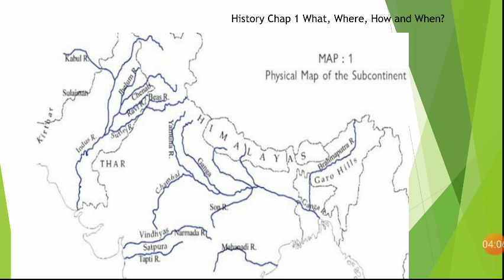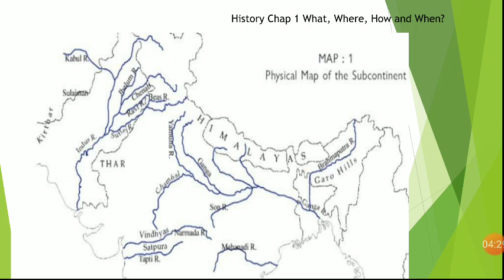Here you could just make out the different places where people lived during the early times. River Narmada in central India. This is the place where the hunters and gatherers lived. It's a forested area, so the hunters and gatherers collected their food and hunted the animals.